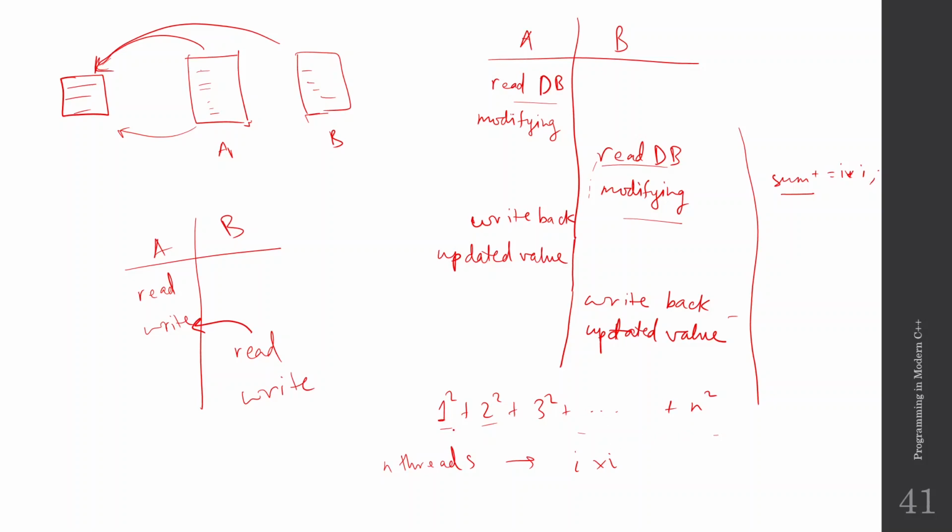As you know, 1 square plus 2 square up to n square is equal to n into n plus 1 into 2n plus 1 by 6. But when we do this in a concurrent manner, the sum returned by the program might be lesser than this, because it will miss some of the additions.